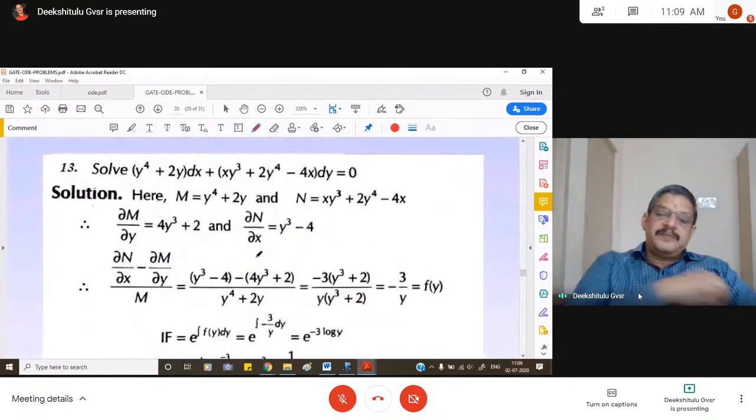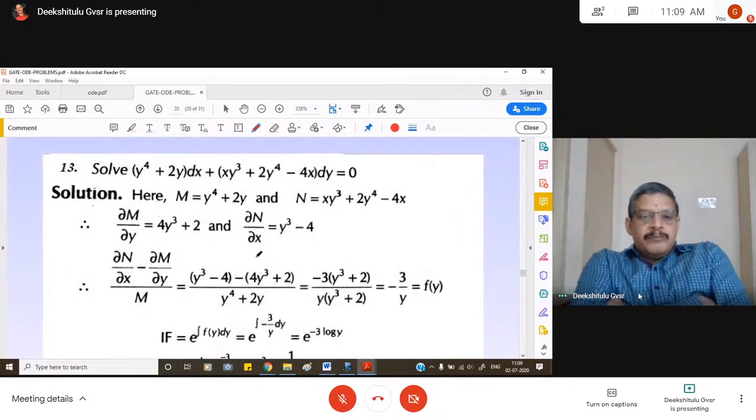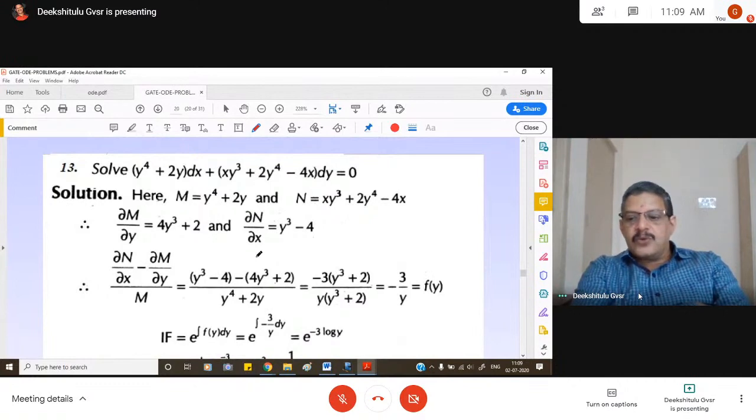So next one is (y power 4 plus 2y) dx plus (xy cube plus 2y power 4 minus 4x) dy is equal to 0. So here M is equal to y power 4 plus 2y, N is xy cube plus 2y power 4 minus 4x. So dou M by dou y is 4y cube plus 2, dou N by dou x is y cube minus 4.